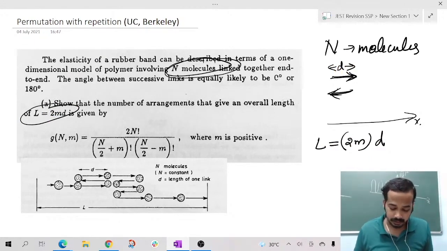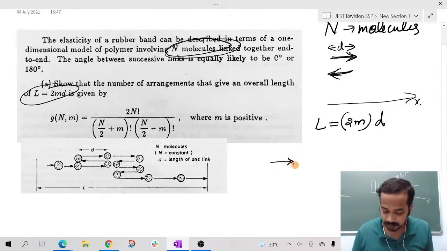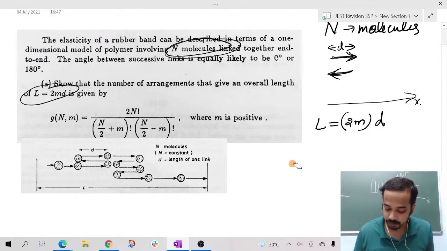Now look at here, it's exactly similar to our random walk problem. Suppose you start here, the first link can be arranged like this, the second link can be arranged like this, that means it can be either 0 degrees or 180 degrees. The third link can again be 0 degrees to the second link. Like that it can happen. Let me take one example. Suppose there are three links.